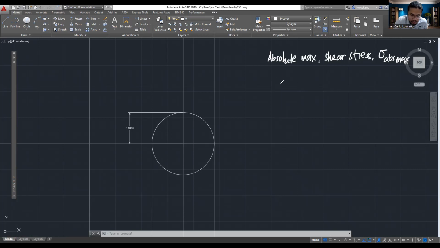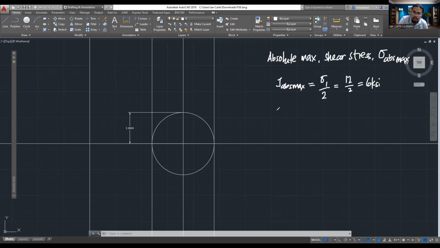The computation for that is, if you have your normal stresses and they are both in tension, or in the same direction, you just divide the bigger stress by 2. So we have 12 over 2, which is 6 KSI.